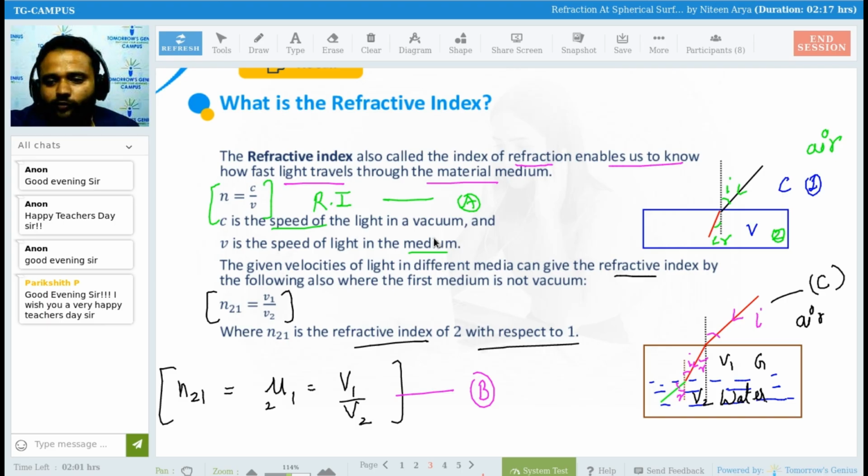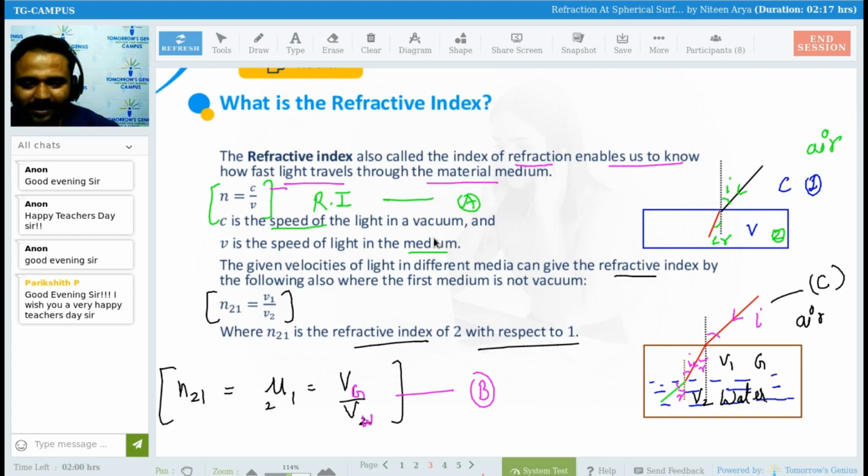Here it is always going from air to glass, so the speed of light in air is at the numerator, and the speed of light in glass is the denominator. Here it is going from glass to water, so either you can write v1 by v2, or you can write vg, velocity of light in glass, over velocity of light in water. Is this clear?